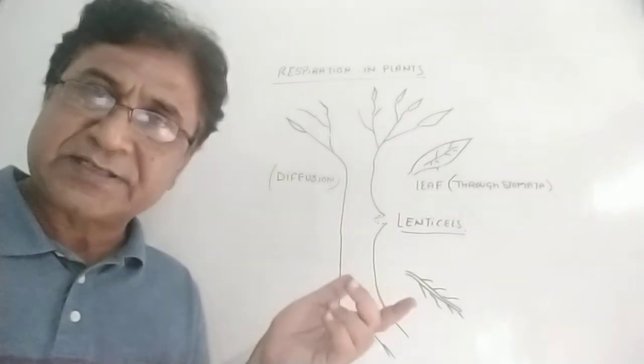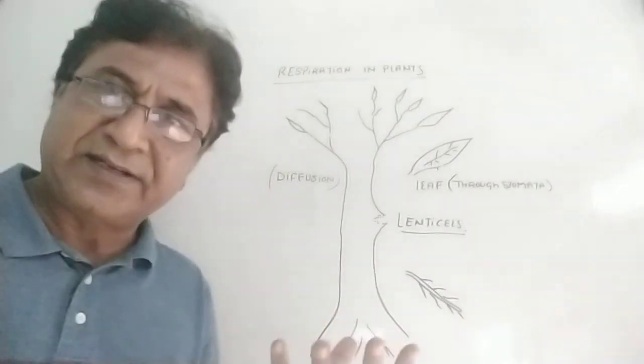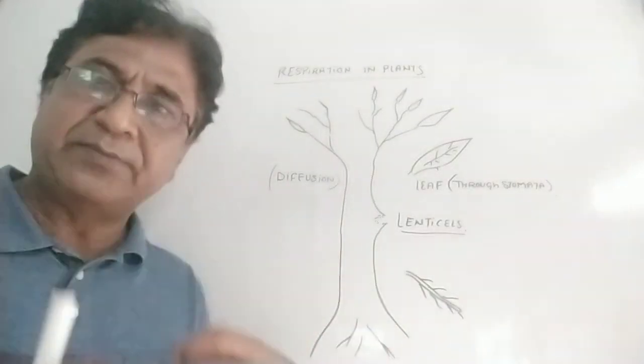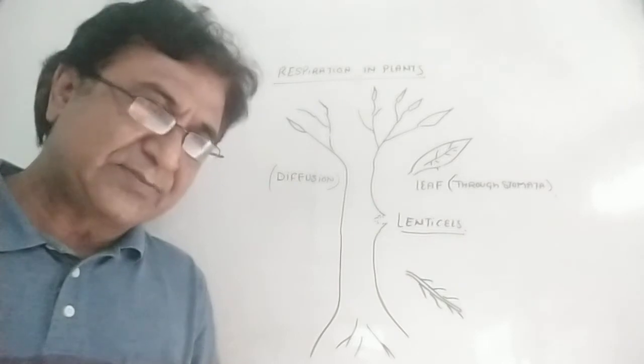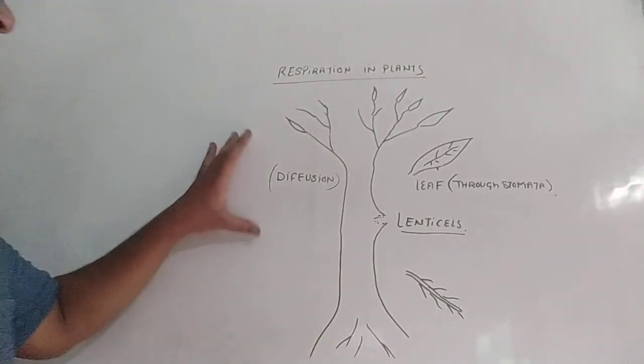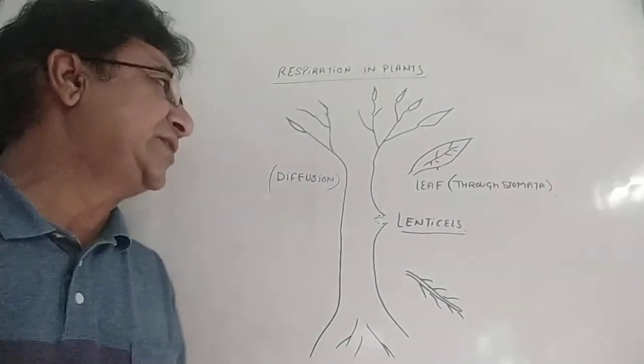Diffusion is a slow process which cannot be sufficient to provide that much energy. That is why the diffusion process is not adopted by complex organisms like humans. Remember, these are all the concepts related to respiration in your syllabus.